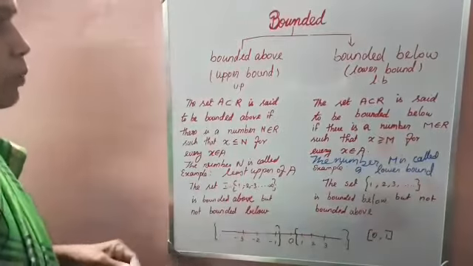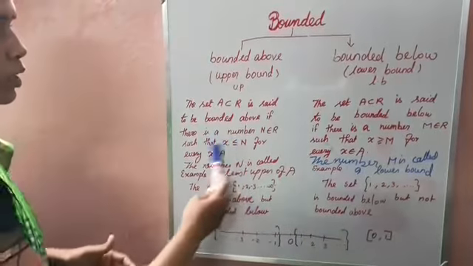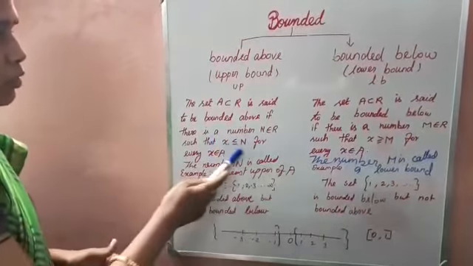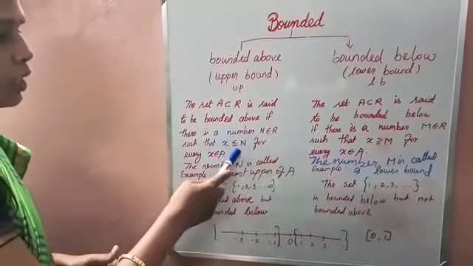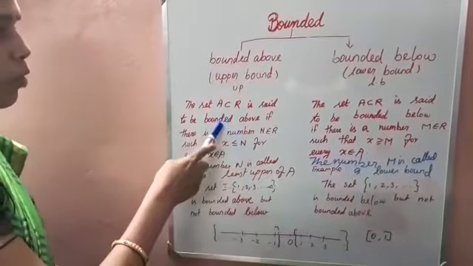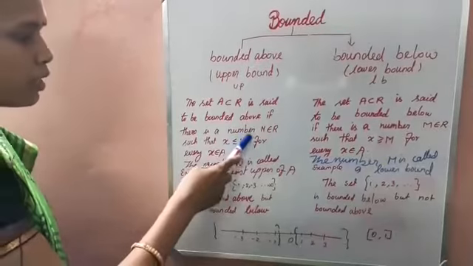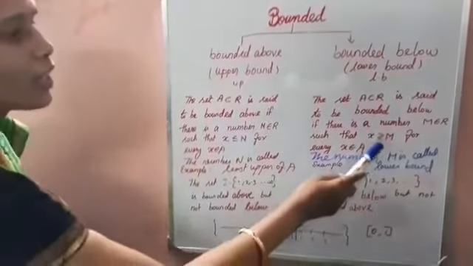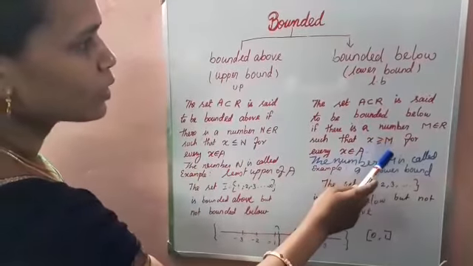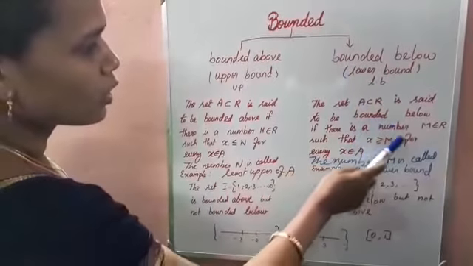Comparing the definitions, x less than or equal to n gives bounded above with n an upper bound, and x greater than or equal to m gives bounded below with m a lower bound.